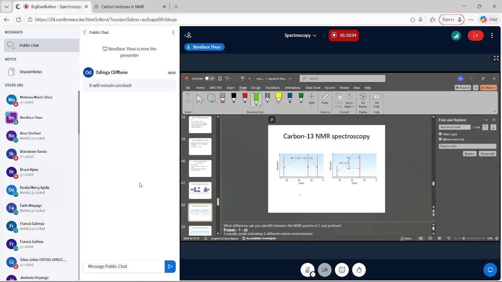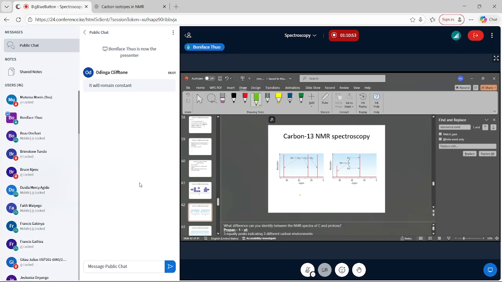Usually, the height of the carbon peak is equivalent to the ratio of that type of carbon in that compound.